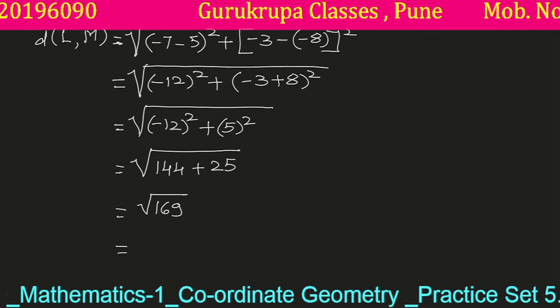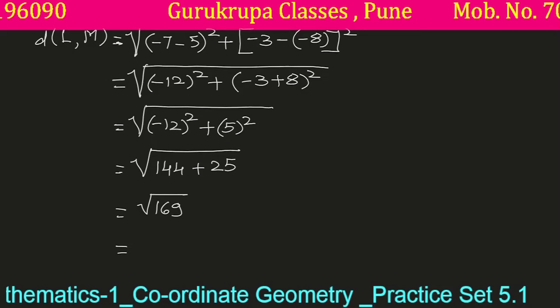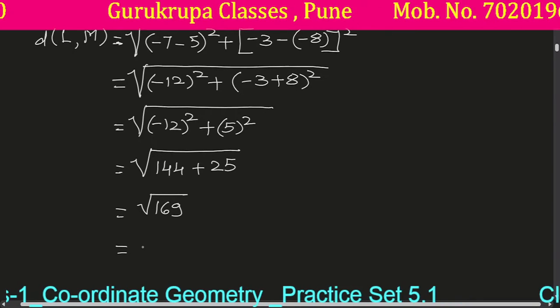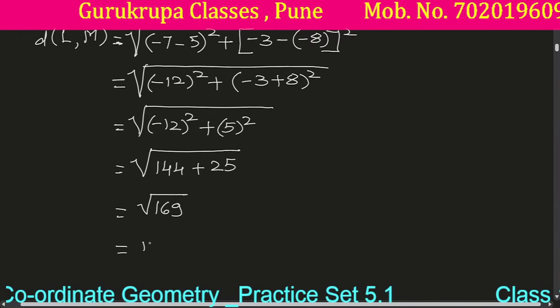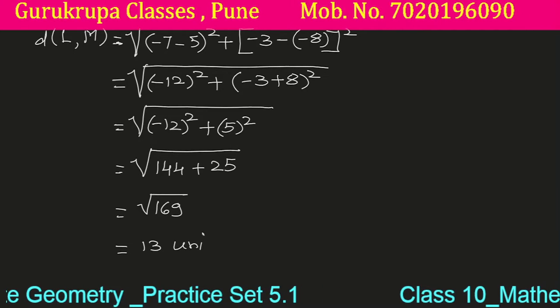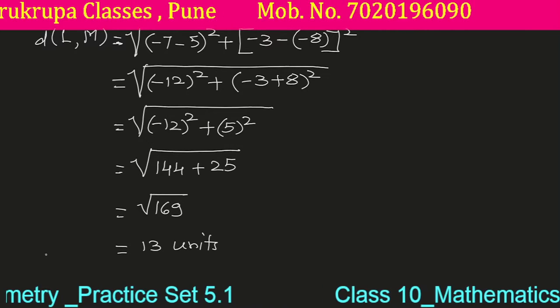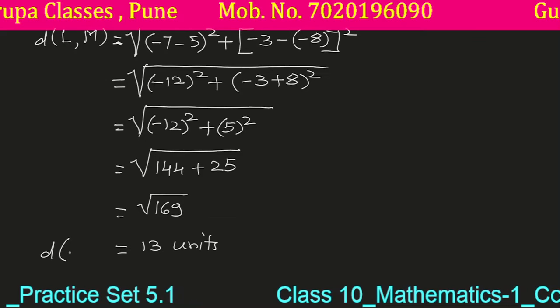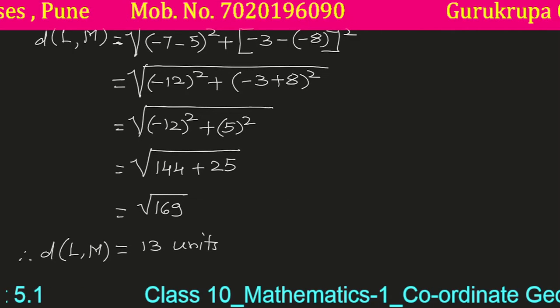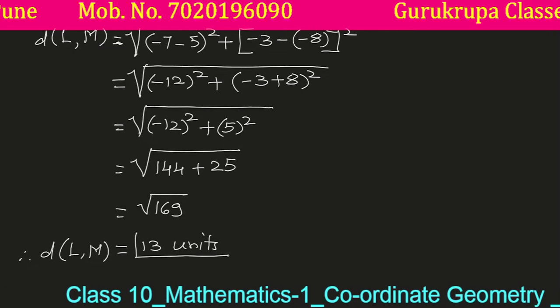We get the square root of 169, which is 13. So in answer we get 13 units. The distance between point L and point M is given as 13 units.